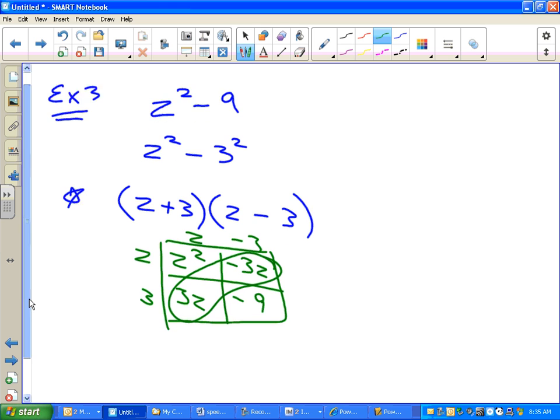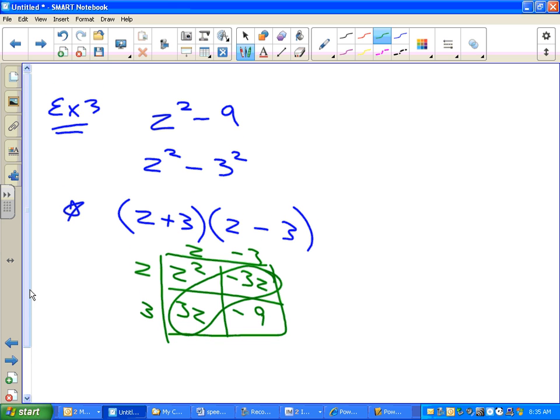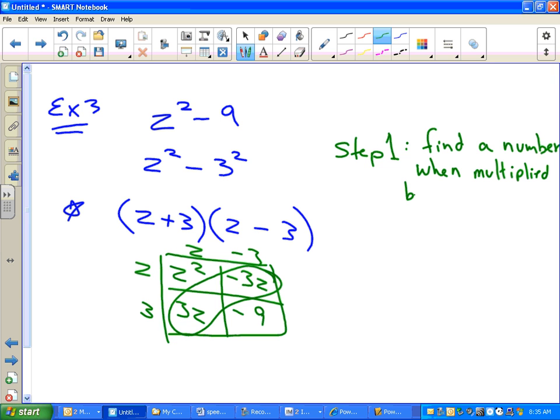All right, so what's my procedure here? Step 1 was to basically find a number that, when multiplied by itself, equals that number.